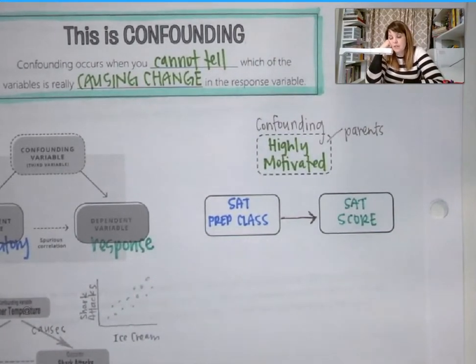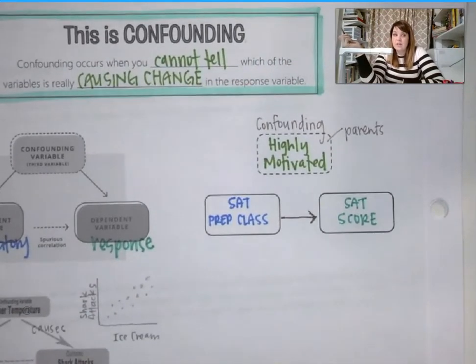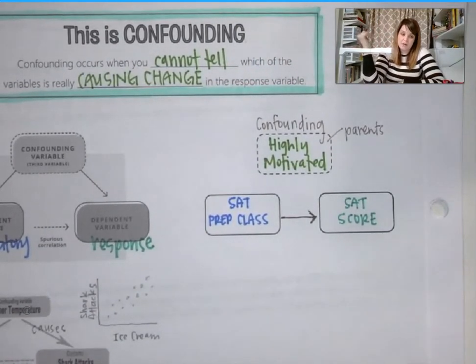The first time he took his ACT test, he got a 28. And his parents told him that he needed to take it again because his older siblings, one of them got a 35 and the other one got a 36. So I bet you this kid was highly motivated to score better and would probably have taken the SAT class to score better. The source of that motivation, though, is his parents.